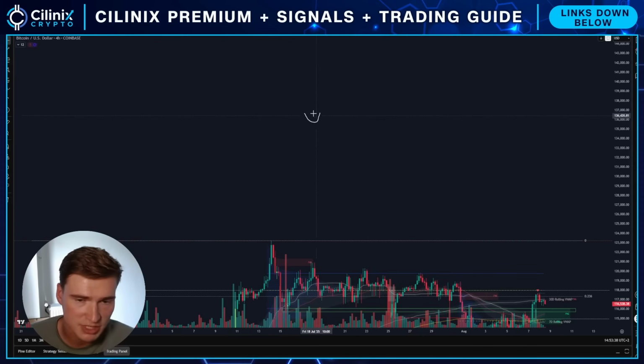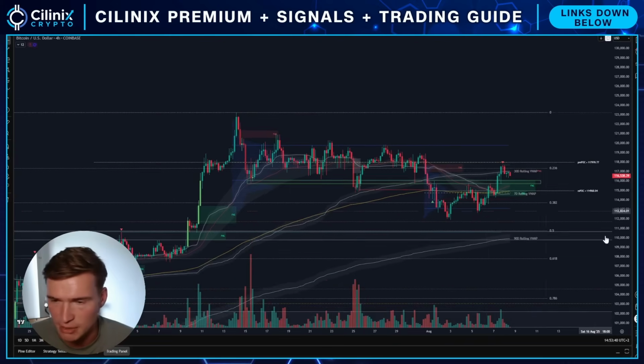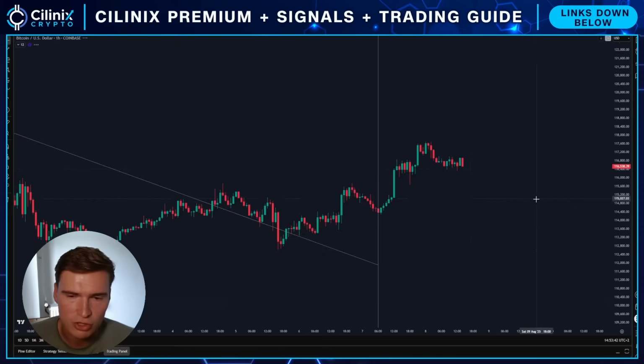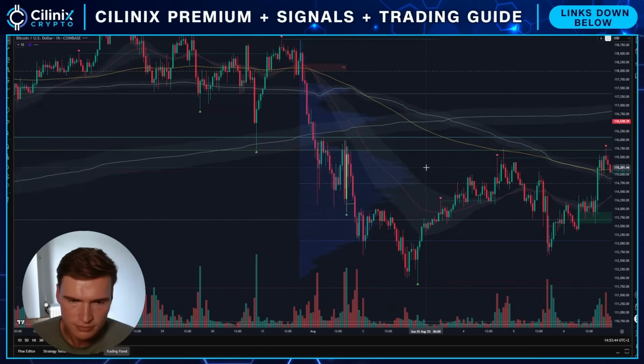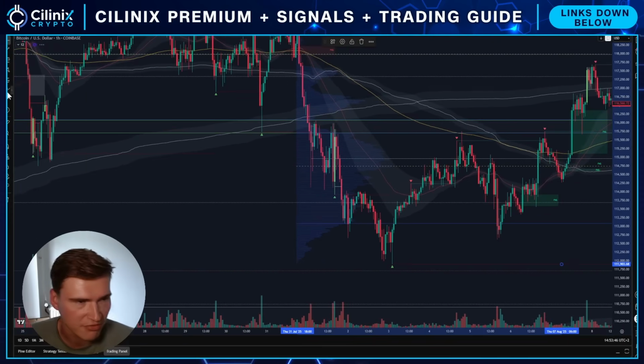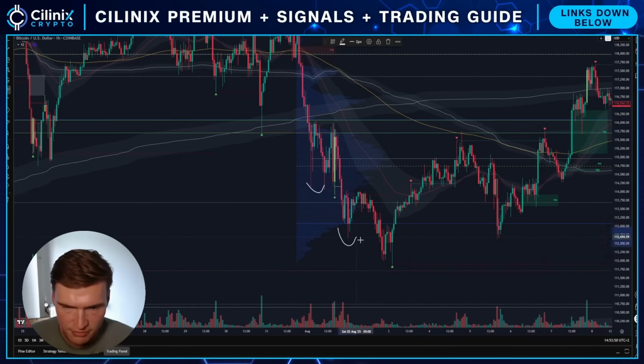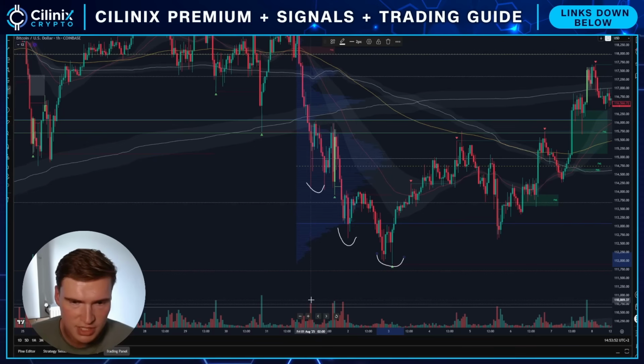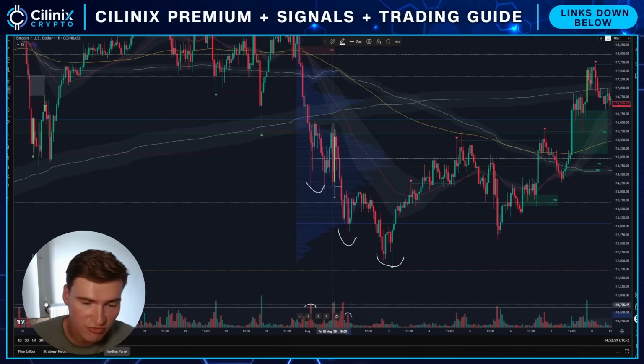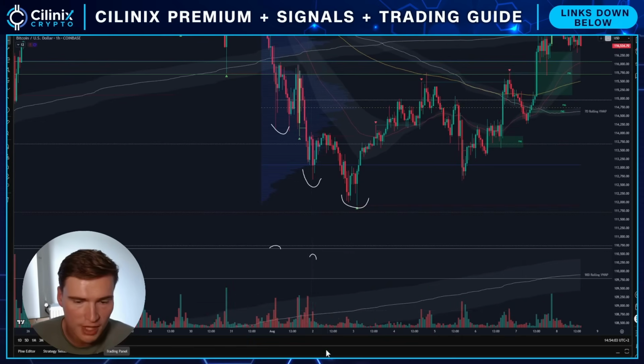So let's talk about some examples. We had a very good example recently, where if you go to the 1-hour time frame right here, it was the bottom where you have 3 drives. You have the first drive right here, second drive here, third drive here. The volume during the first move was here, the volume during the second move was right here. You can see the volume was actually higher in between, but during the actual low, it was lower.